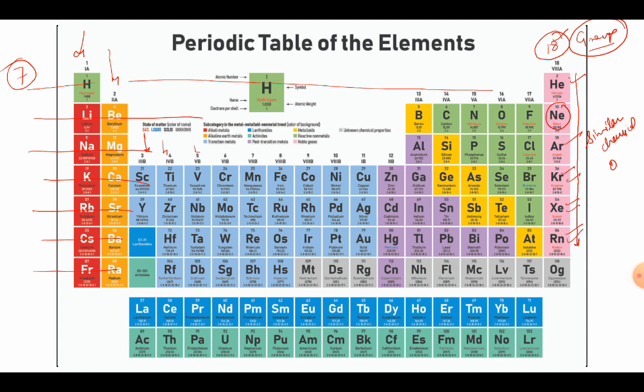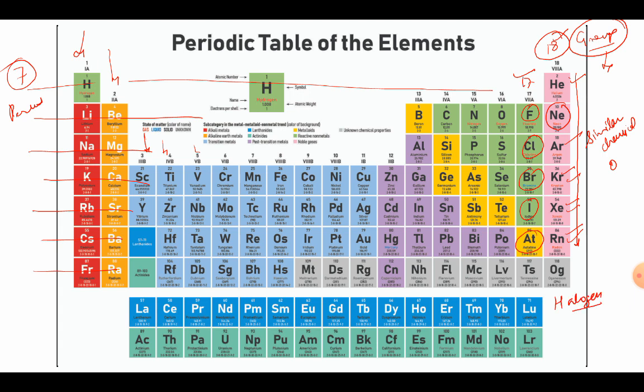So this is the importance of the classification of elements, that we have given the different elements different positions in periods and in groups. All the elements that are a part of a group, like over here fluorine, chlorine, bromine, iodine and astatine, are a part of group number 17, and group number 17 is called the halogens.